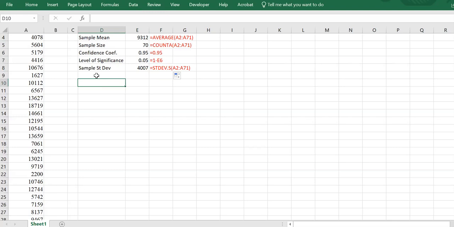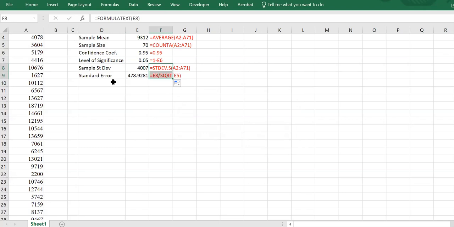If we divide the sample standard deviation by the square root of the sample size, that would give us the standard error, the sample standard error.